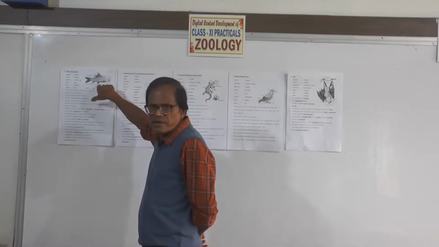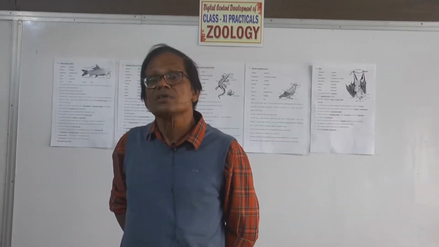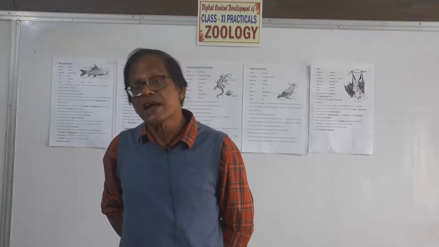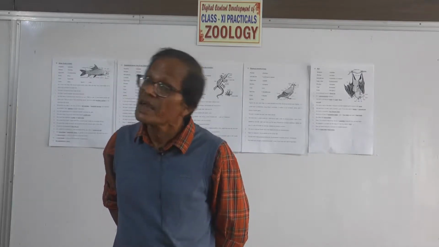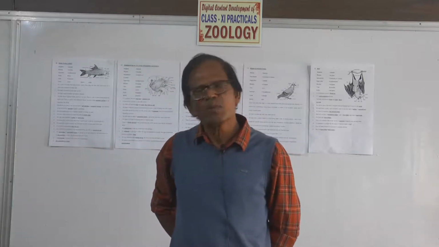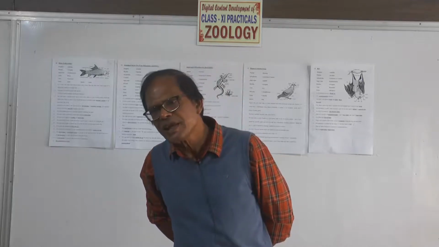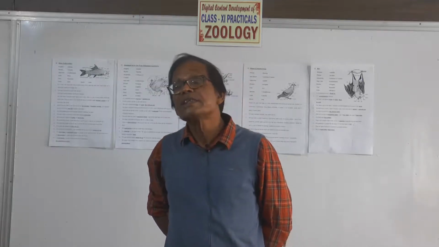This is rohu. The scales are cycloid scales. These are not microscopic, these are macroscopic. You can remove the scales. You have seen how big the scales are. The bigger the fish is, the bigger the scales are.